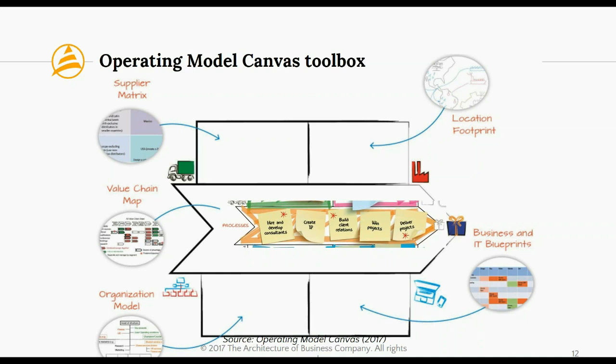So if we start with the value delivery chain map, it is really at the heart of the operating model, and it is focused on the final beneficiary. It is really important to make sure that we always focus on the client. An organization may have more than one delivery chain, depending on the customers it serves. For example, even such a straightforward business as personal services to senior citizens may actually have 2 value delivery chains.